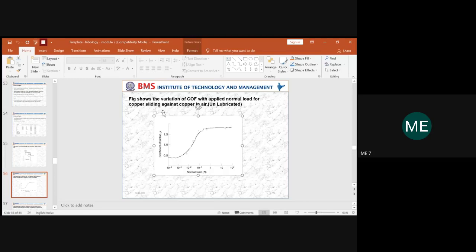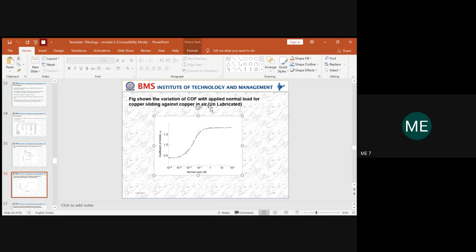Here you are using copper against copper, subjecting a particular normal load across the contact, and it is not lubricated. This copper is exposed to the open atmosphere, not kept in an inert atmosphere, a closed chamber, or a controlled environment like a vacuum chamber.